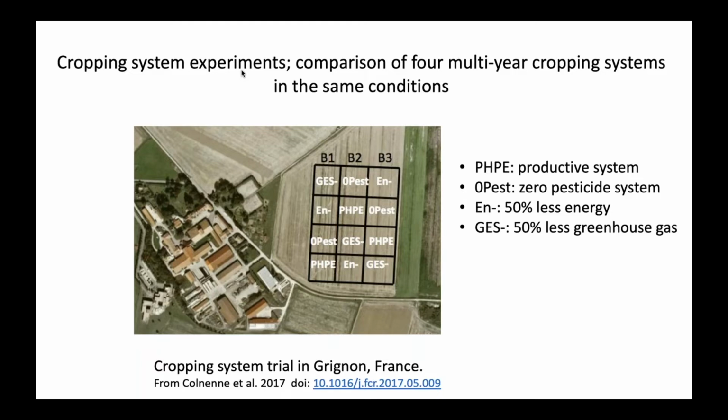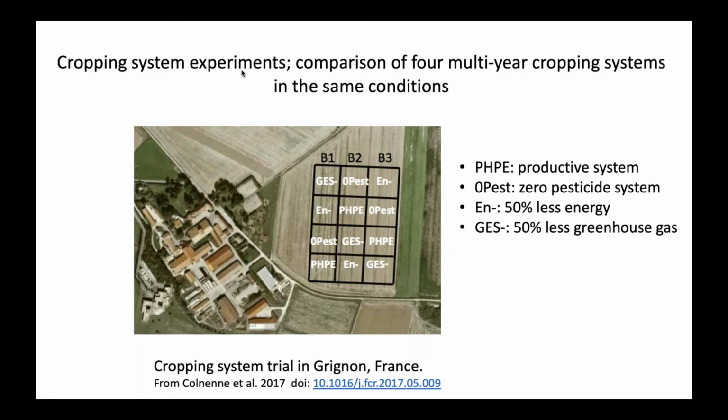And one of the experiments conducted in these farms aims at comparing 4 cropping systems, namely a productive system, a zero pesticide system, a system aiming at reducing energy consumption by 50%, and a system aiming at reducing greenhouse gas emissions by 50%. So these 4 systems are conducted in relatively large fields in a factorial design with 3 replicates here. It's a long-term experiment.